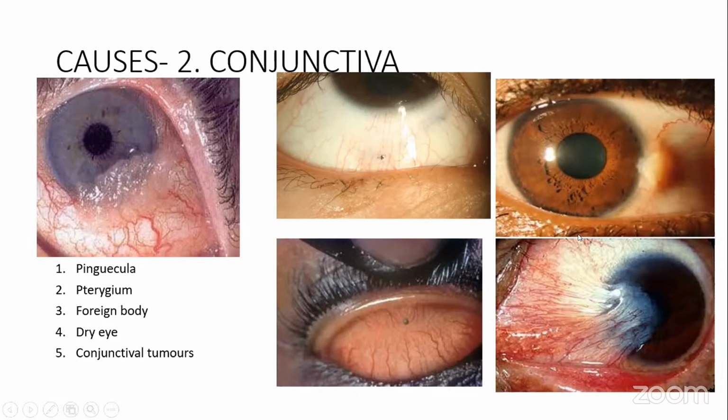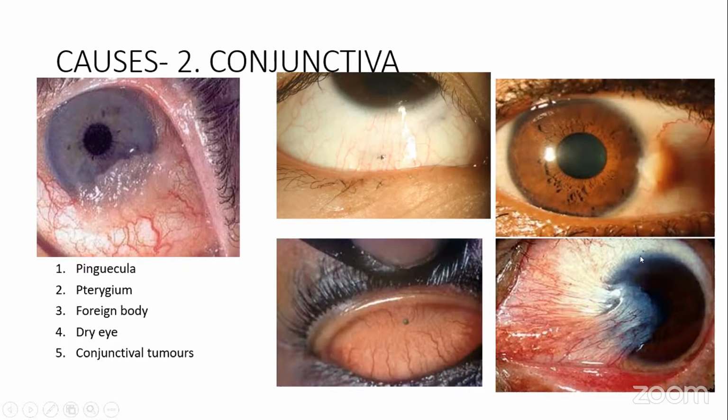Okay, so if you look at this photograph at the bottom right, this is the eye. There's a fleshy growth from the nasal side, from this point onto the corneal surface.